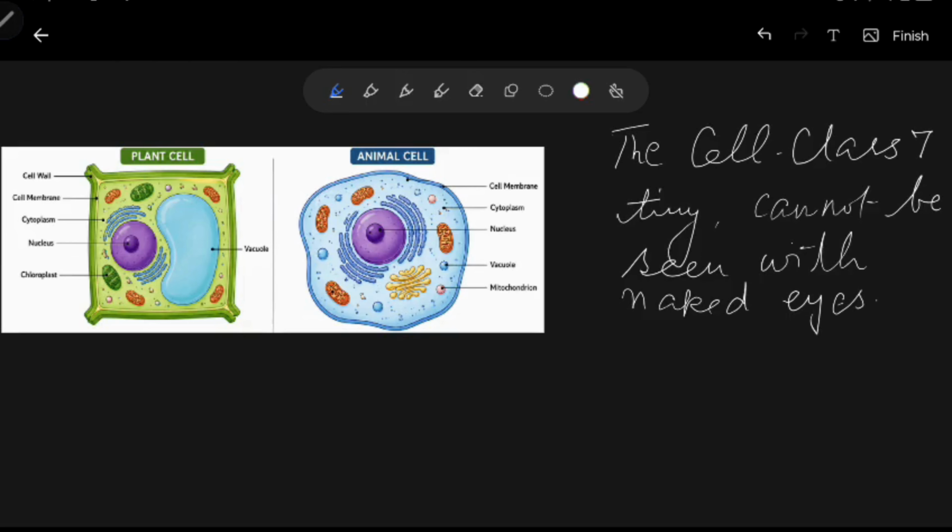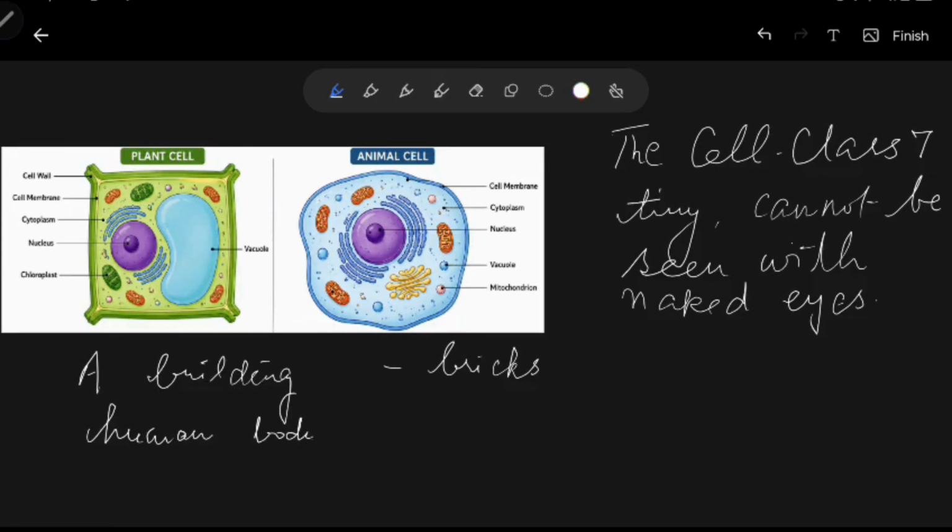Cell, if we need to define it, we can say just as a building is made up of bricks, in the same way, the human body and plant body, and you can say all organisms, including microorganisms, are made up of cells.